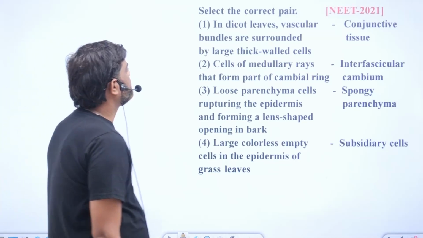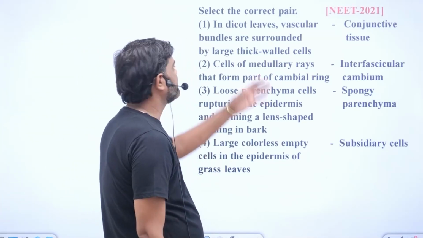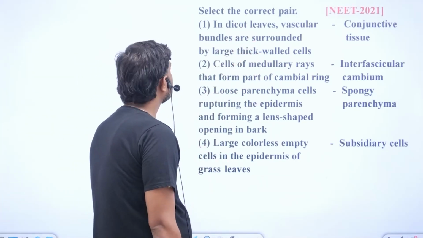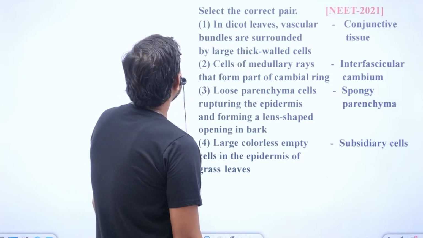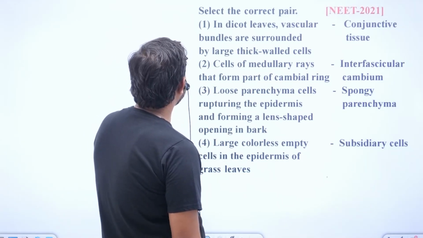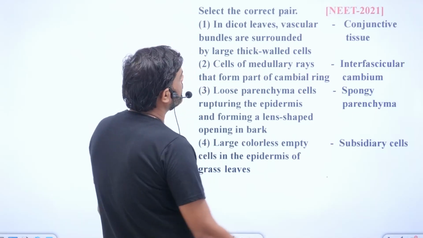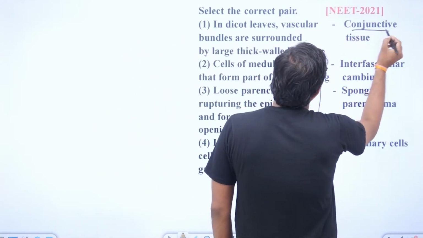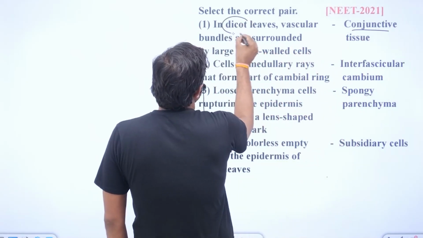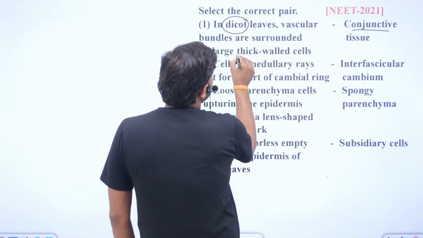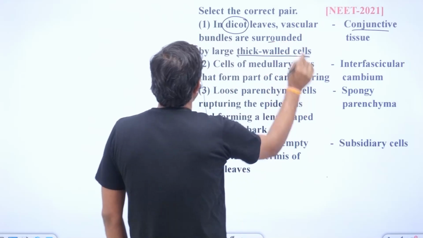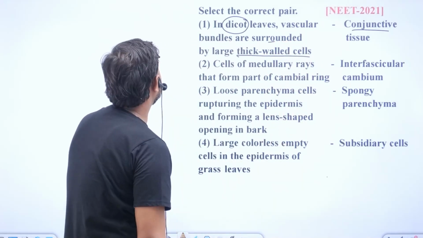Select the correct pair. Identify the correct pair among these 4 pairs. First pair: in dicot leaves, vascular bundles are surrounded by large thick-walled bundle sheath cells. In the case of a dicot leaf, not thick-walled cells surround them, means this statement is wrong.